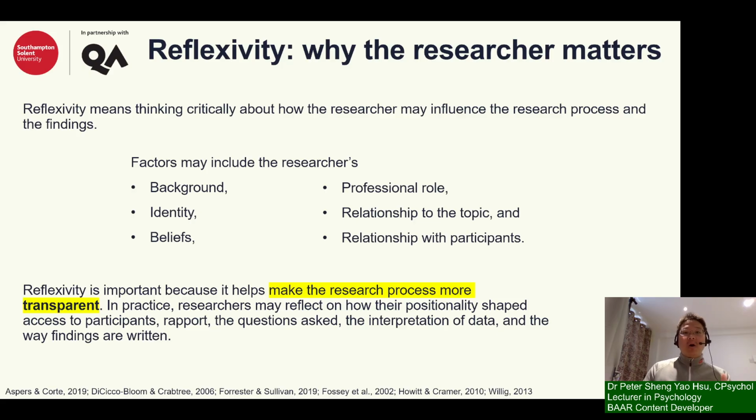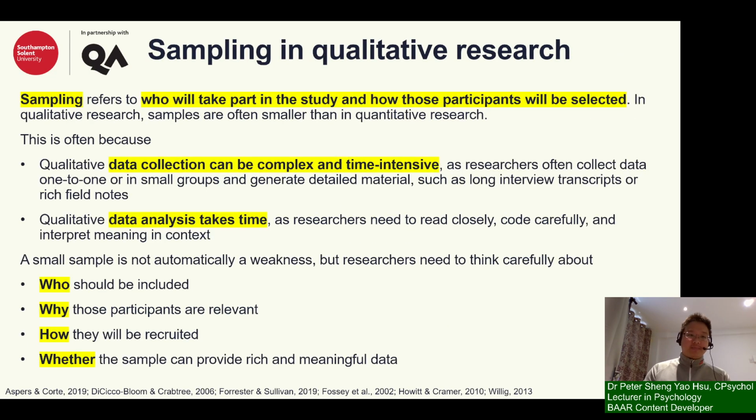Once we know what kind of experience we want to understand, we need to decide who should take part. So, sampling refers to who will take part in the study and how those participants will be selected. In quantitative research, researchers often aim for large samples because they may want to estimate population patterns, compare groups statistically, or increase statistical power.